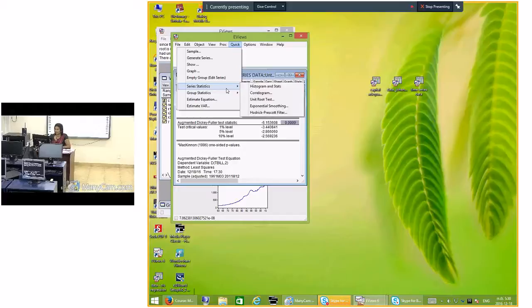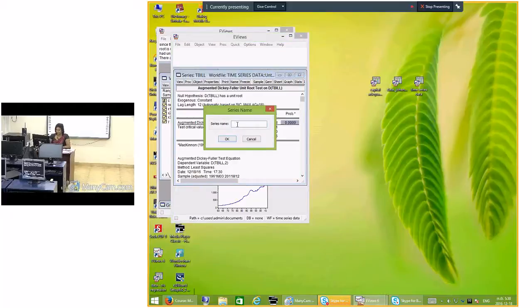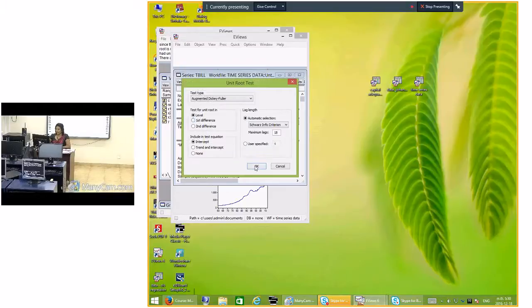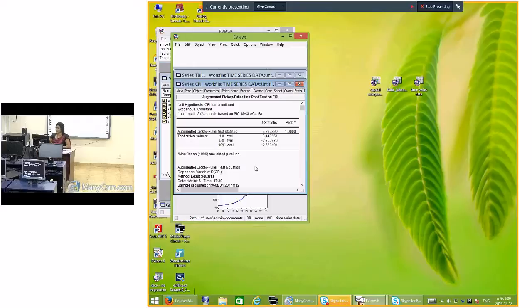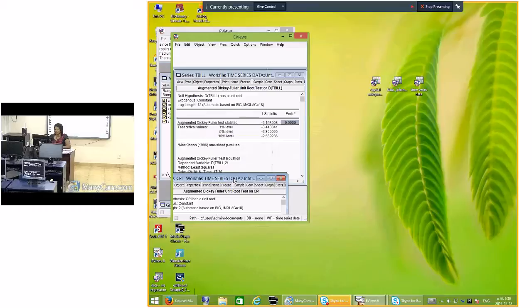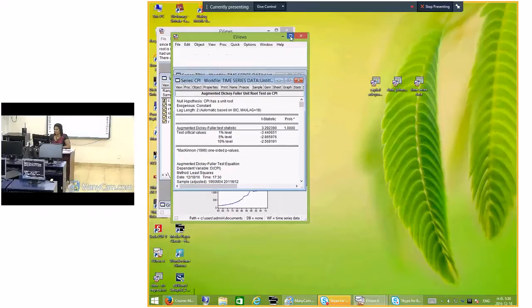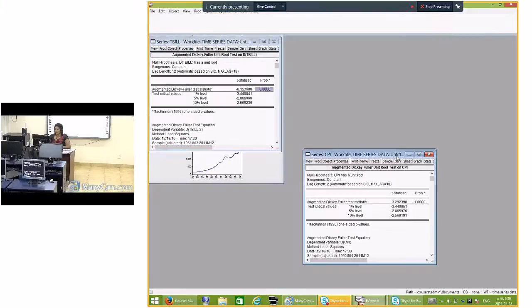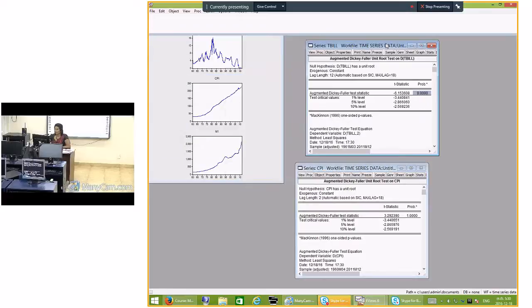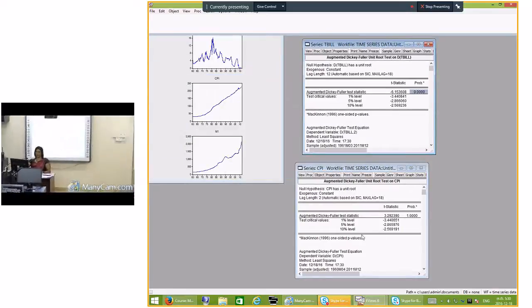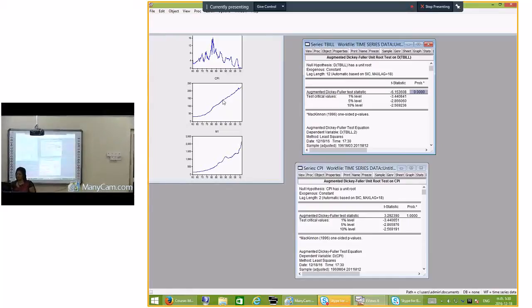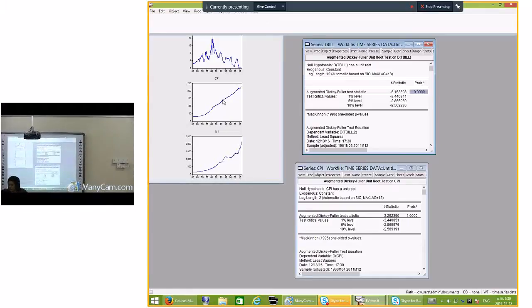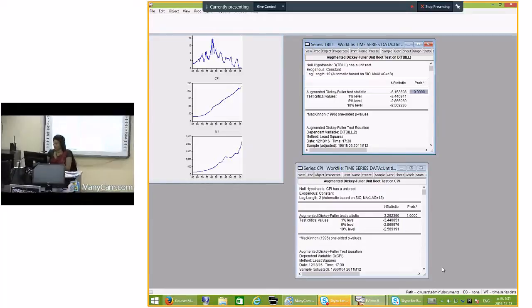You need to test CPI levels. You can see it is the levels. You can see the trend, right? It shows the data are non-stationary.